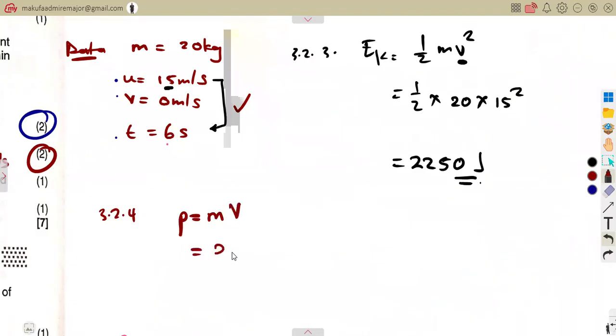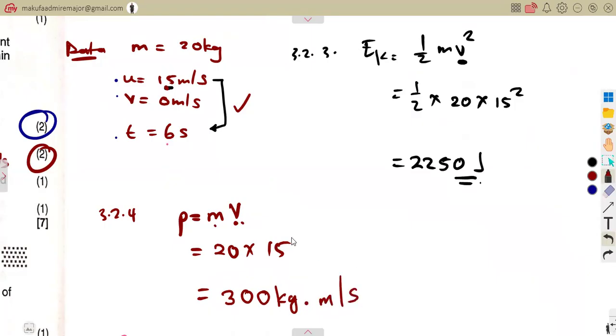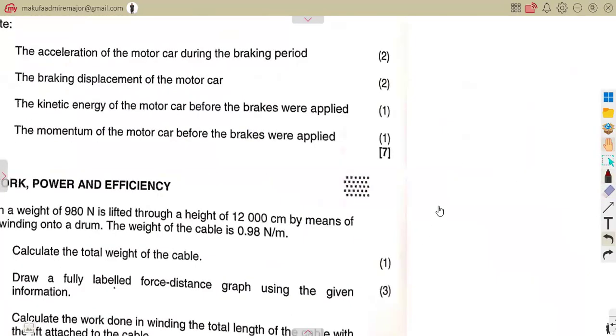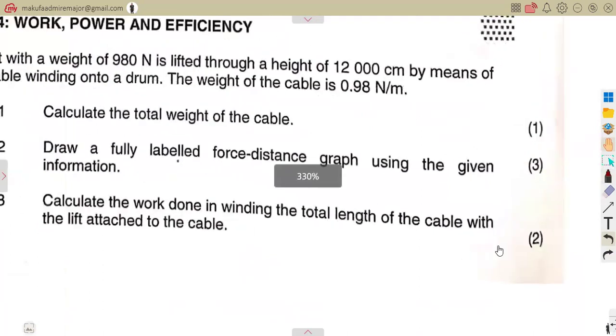So that's the mass of 20 times the initial velocity before the brakes were applied. So that was going to give us 300. Remember the mass in kilograms, the velocity in meters per second. So that's kilogram meters per second. So you must be very, very careful how you answer your questions.